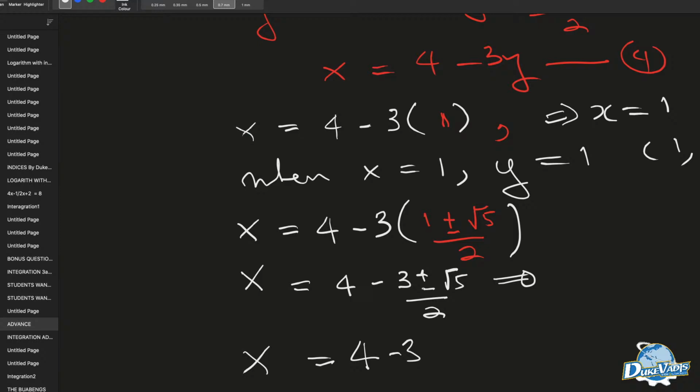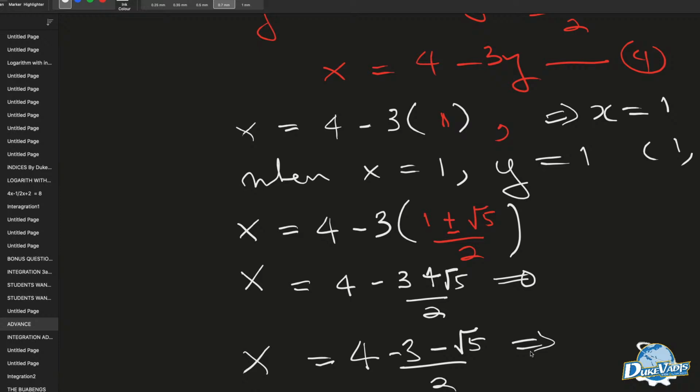If we look at the equation and want to break it down, then we'll consider the two conditions. The first one will be plus, and then the next one will be minus square root of 5 all over 2. So this is another solution.